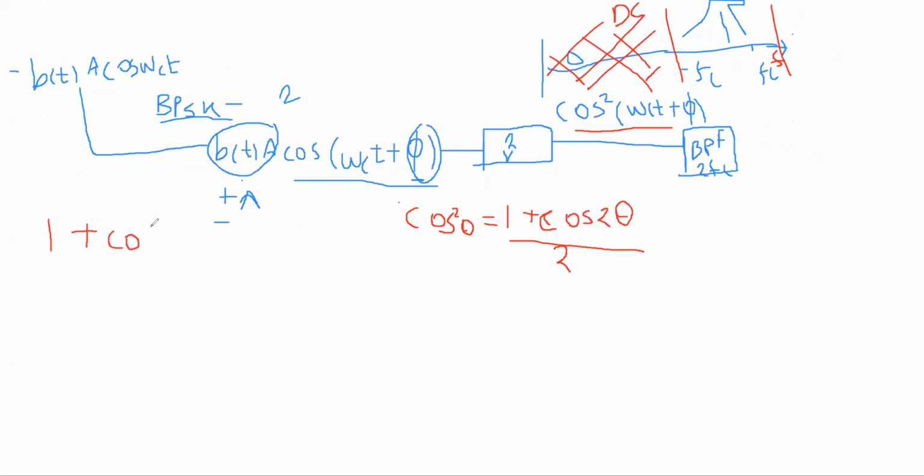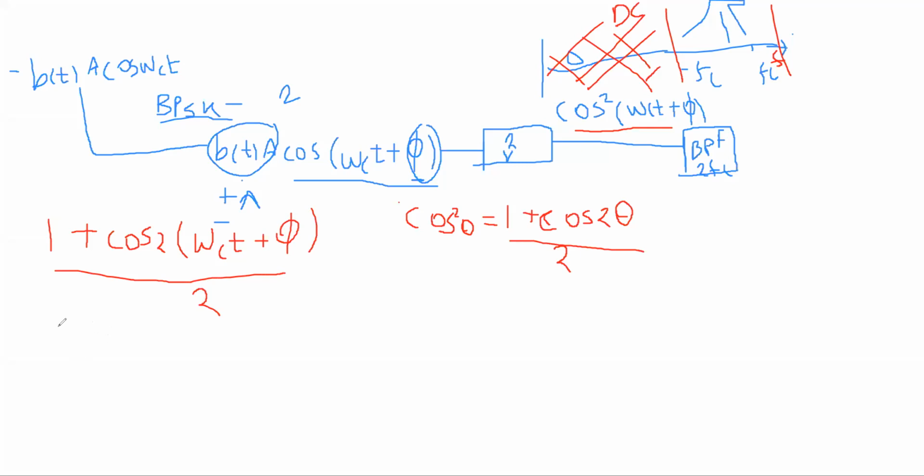Now here theta, in our case, is omega ct plus phi, so cos of 2 times omega ct plus phi, upon 2. So this is the trigonometry.